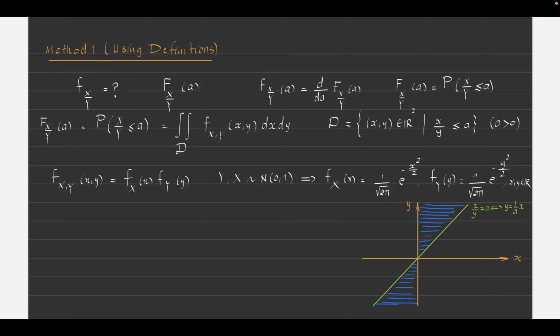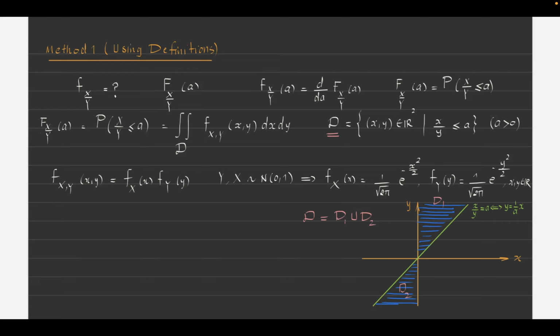If you don't mind, let me call this one domain D1, and this one domain D2. What matters here is that the domain that I wrote here is the union of these two domains, D1 union D2.